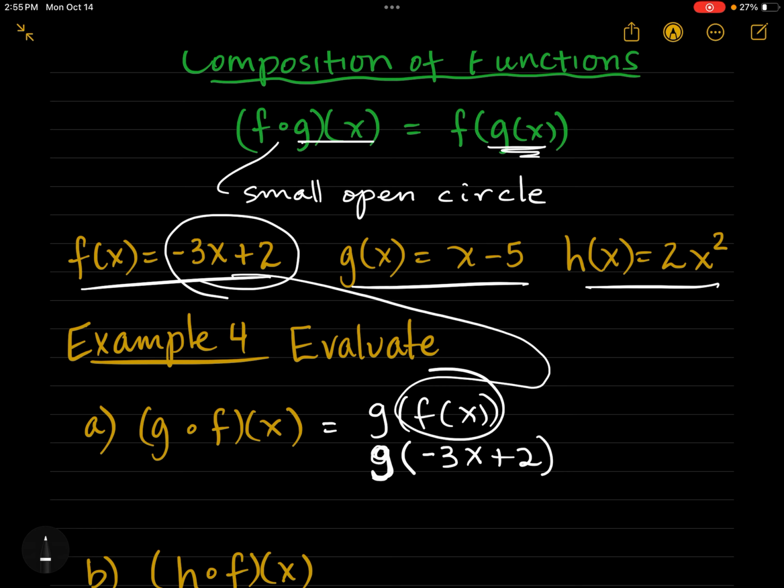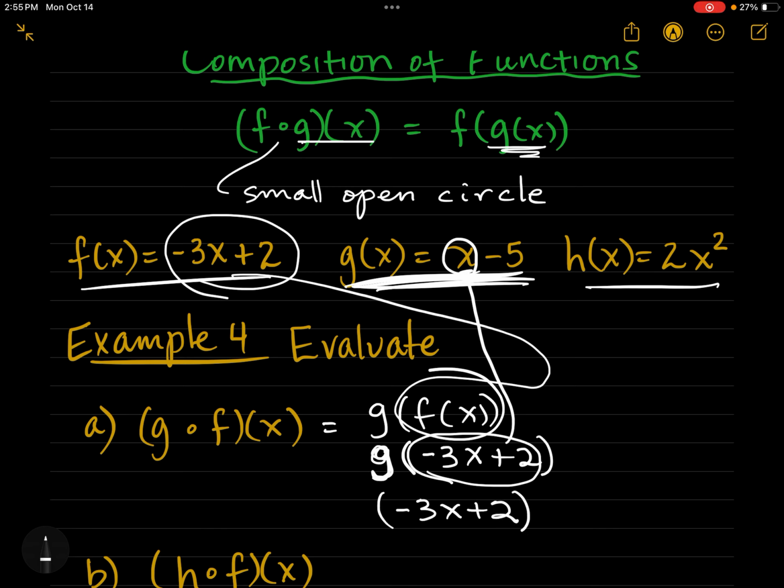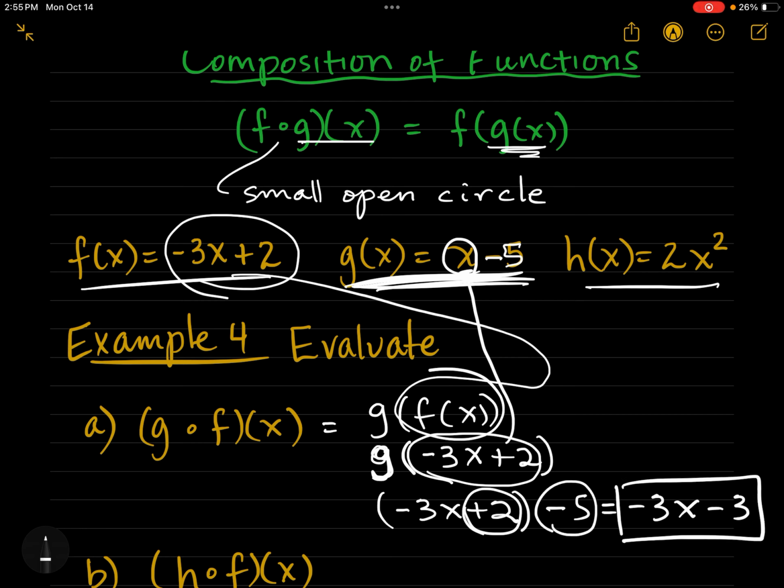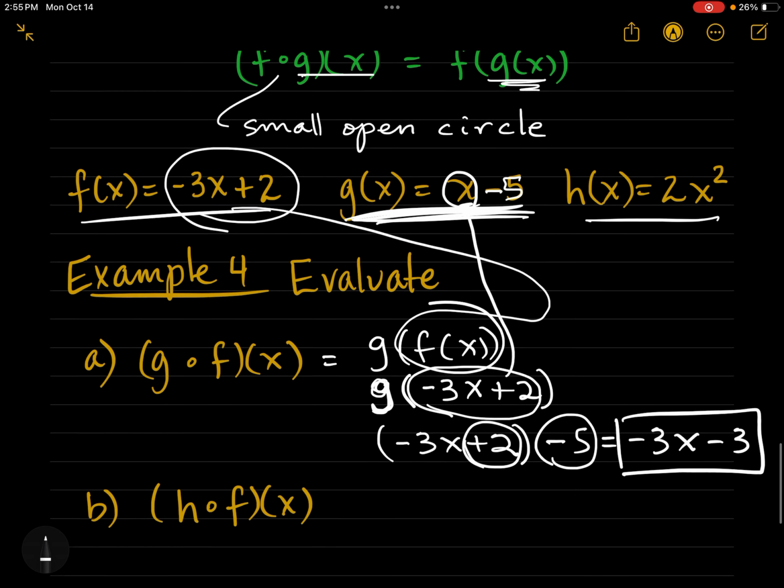And now that there's a g, that means I'm going to the function with the g, and I'm going to put all of this in place of x. So now I have negative 3x plus 2. I'm right here. And now I'm going to subtract the 5. And now I need to combine like terms. So I have negative 3x, positive 2, and a negative 5 is minus 3. Final answer. I'm just simplifying.